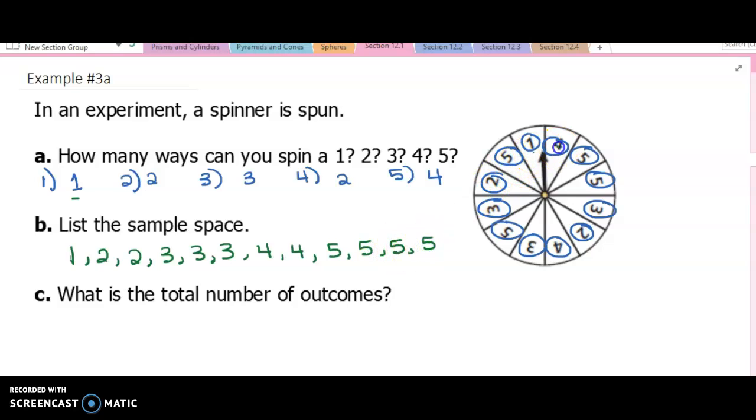Remember, there are 1, 2, 3, 4, 5, 6, 7, 8, 9, 10, 11, 12. I think 12 outcomes in the sample space. So when we write the sample space, we have to write 12 different things. Even if they're the same, it's a possible outcome. So what is the total number of outcomes? Yeah, I counted right. There are 12 possible outcomes.